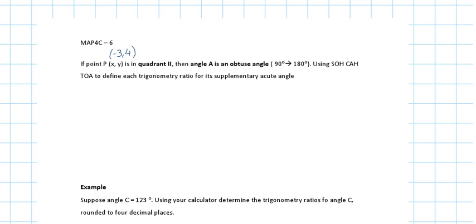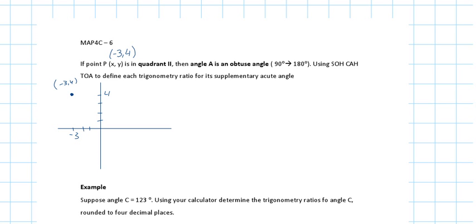So if I'm going to draw this, okay, this is my point, which is negative 3, 4. I draw a line between the point and, first, where do I draw my line, my terminal arm?